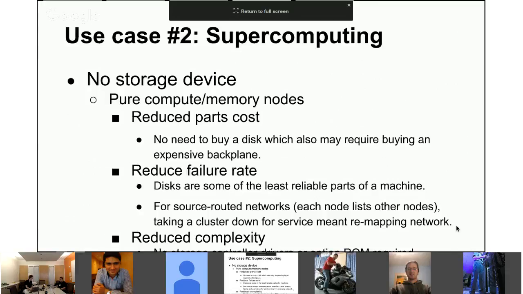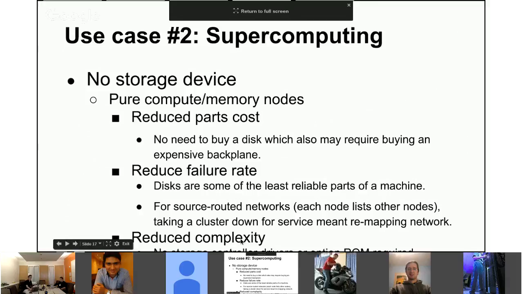And if a machine went down, then not only would you have problems with that machine, but its neighbors might have problems too. So failure was extremely expensive in that case. So taking out the hard disk from the equation reduced a lot of cost and increased reliability very substantially.